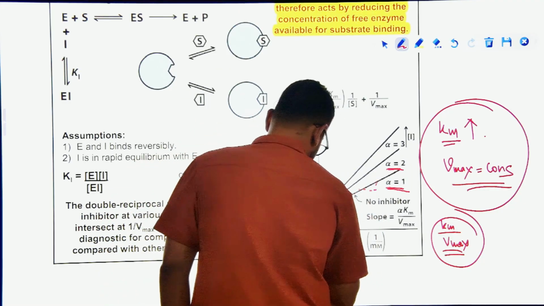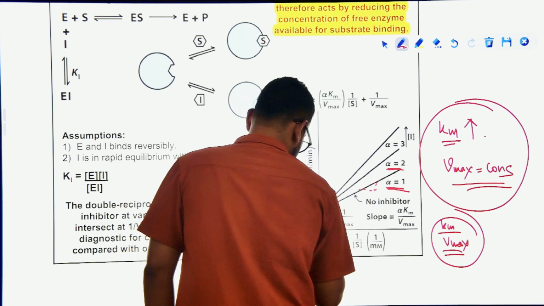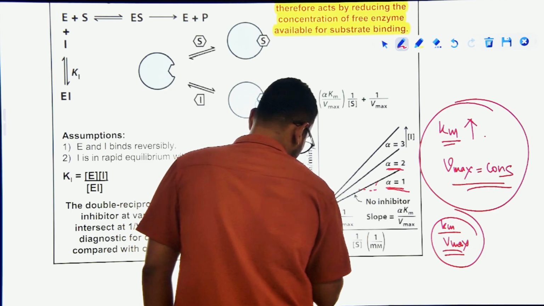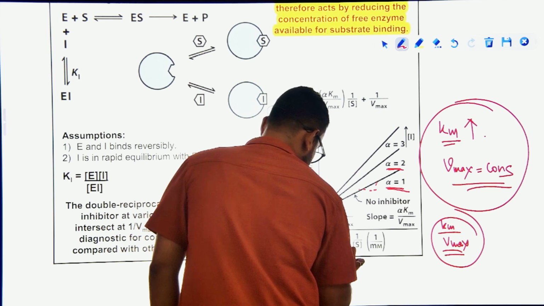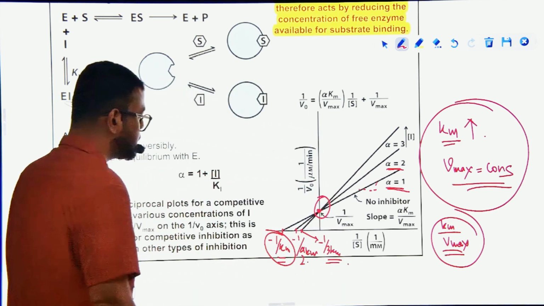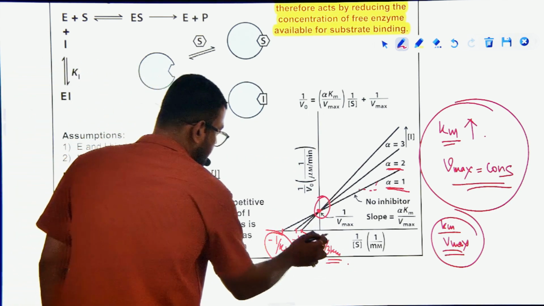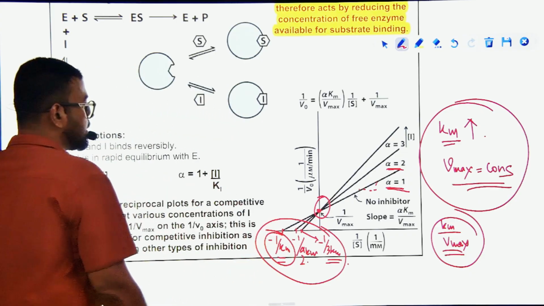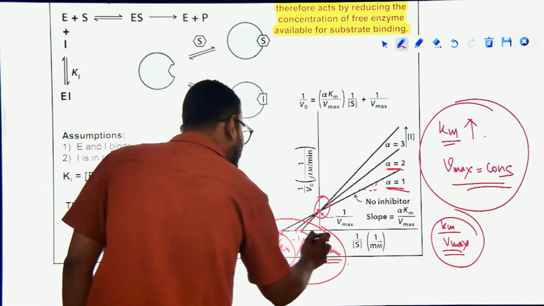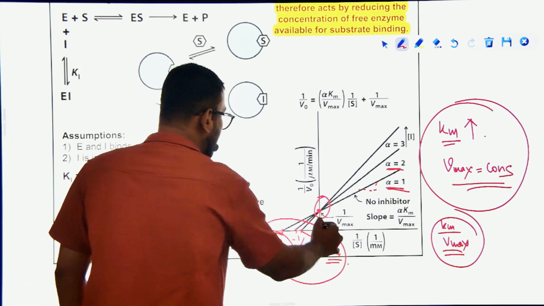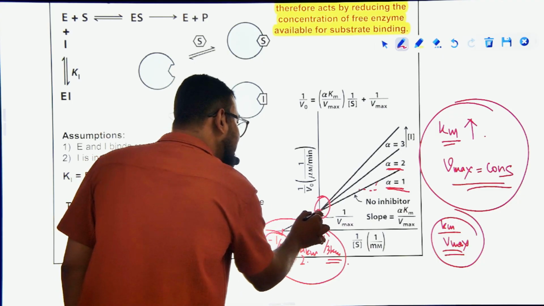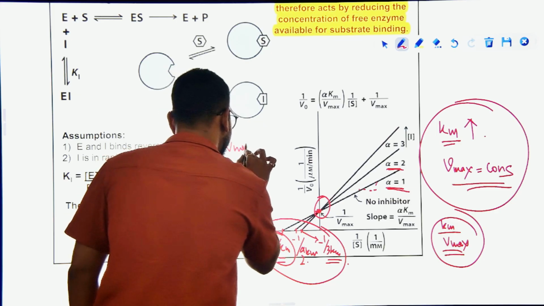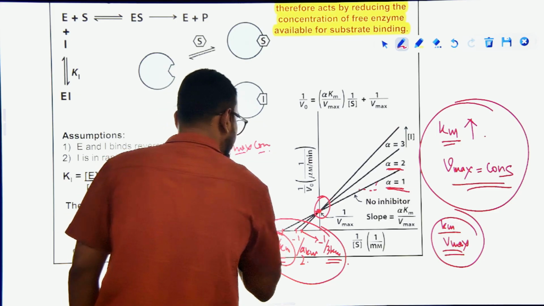Suppose alpha is 2. That means for this it is 2 Km. And for this, it is minus 1 by 3 Km. So this is the overall approach. This is the overall reaction of Km. These are the x-axis intercepts and these are the y-axis intercepts. So as the y-axis intercept is originating from a single point, that means Vmax is constant over here.